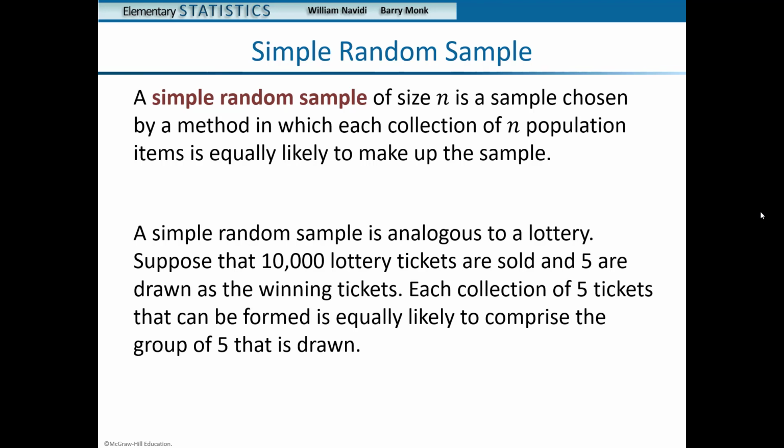It's just an equal opportunity, no bias way of selecting a sample. So typically in statistics, the best kind of sample is either a simple random sample or some variation of that.